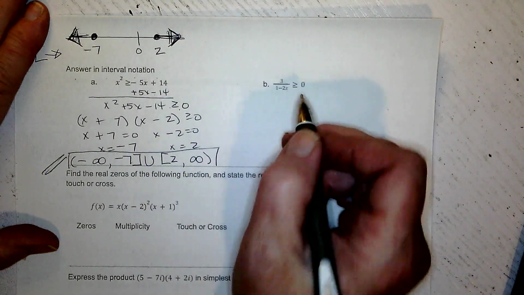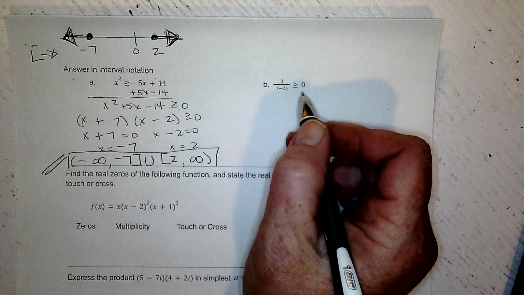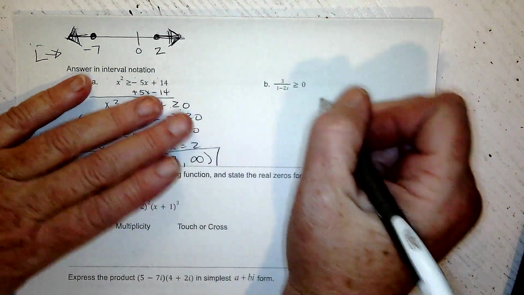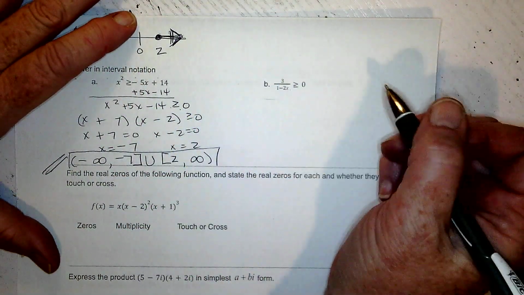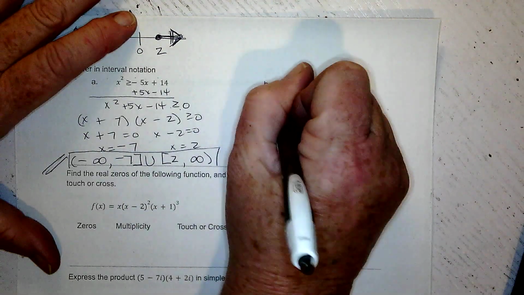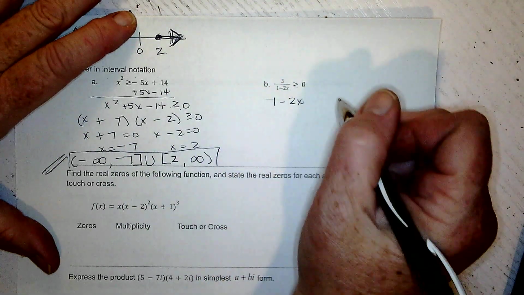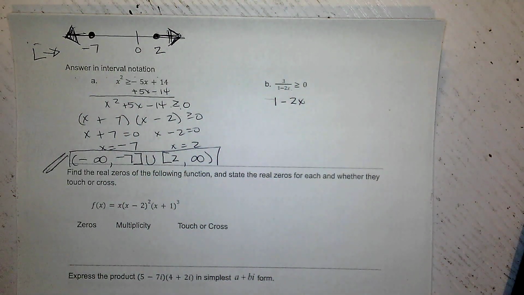The next one, I was going to show it to you on Desmos, but I don't need to. We need to know what is going to make this fraction 0. So I'm going to take 1 minus 2x, and basically what I'm doing is finding my domain.